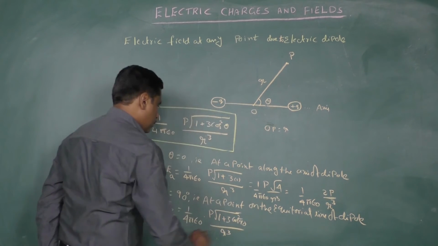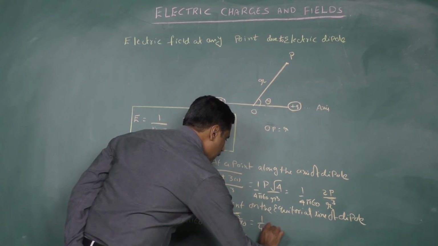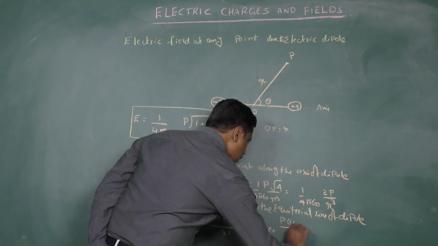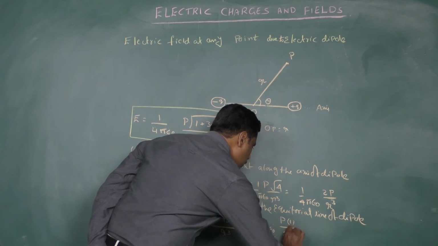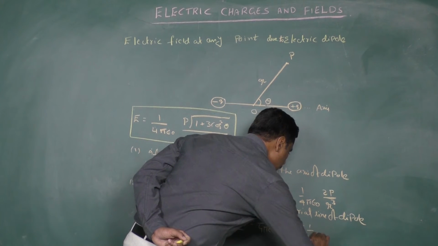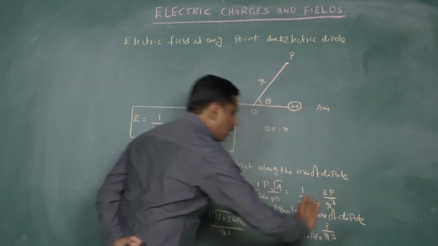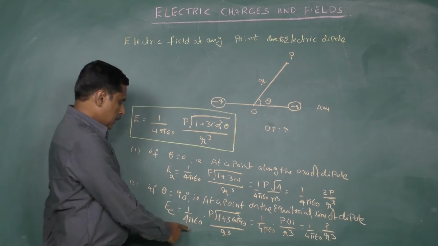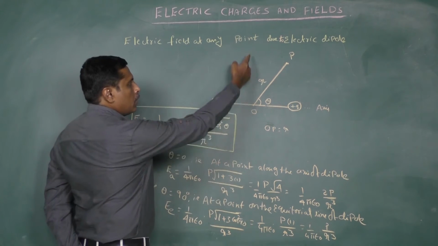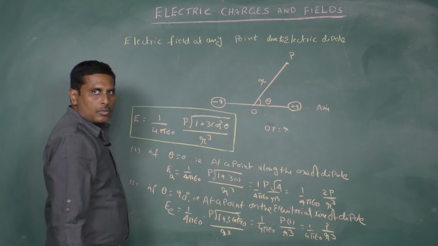So that is equal to 1 by 4 pi epsilon naught into P into 1 by R cube, that is equal to 1 by 4 pi epsilon naught into P by R cube. This is the expression for the electric field intensity at a point on the equatorial line of the electric dipole.